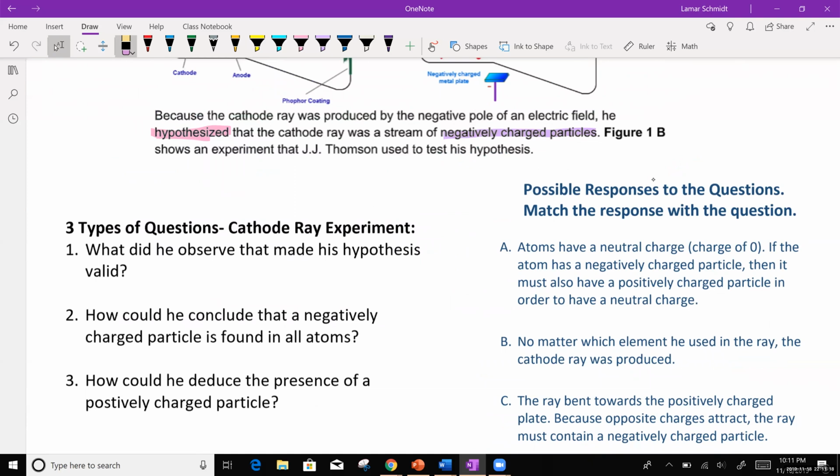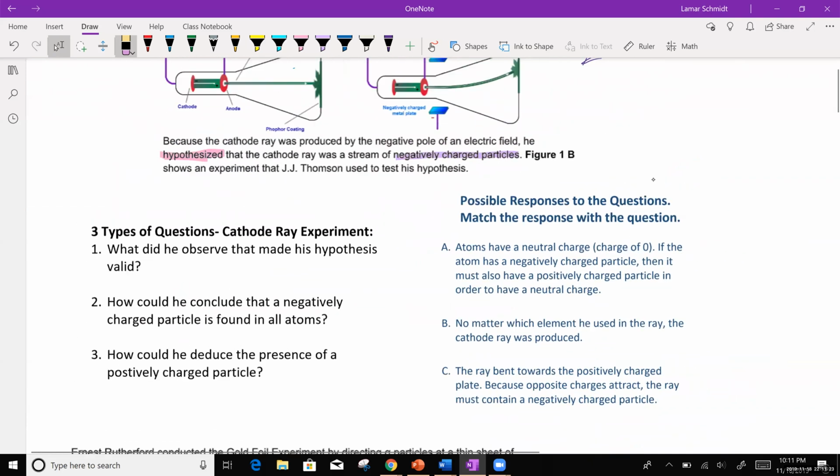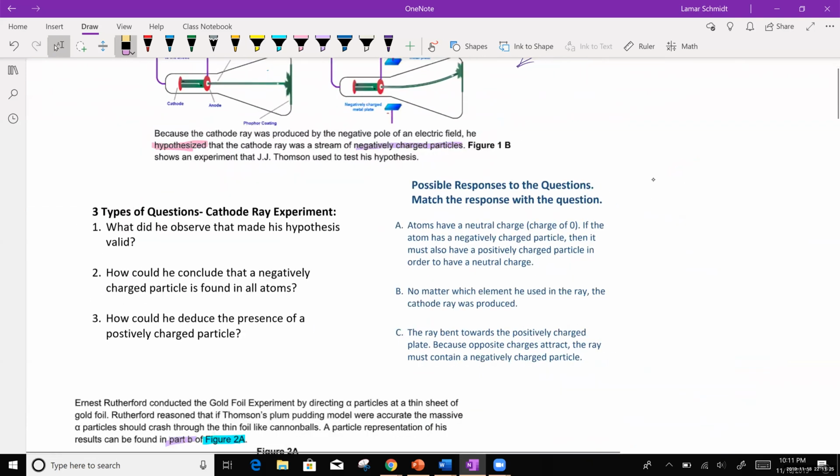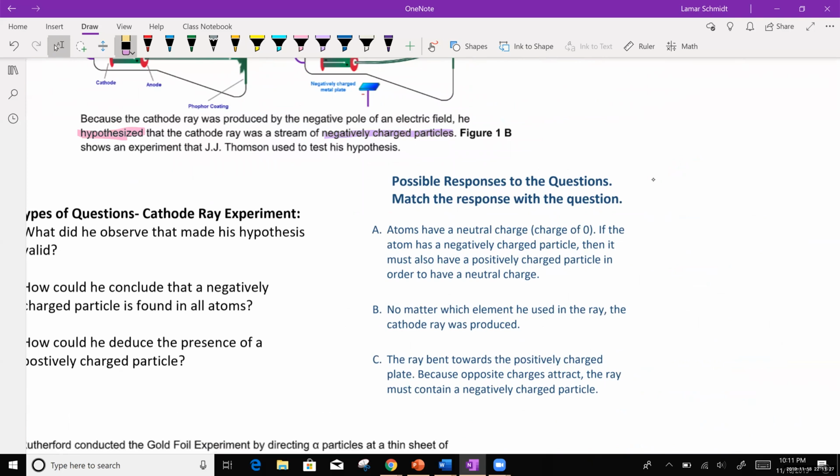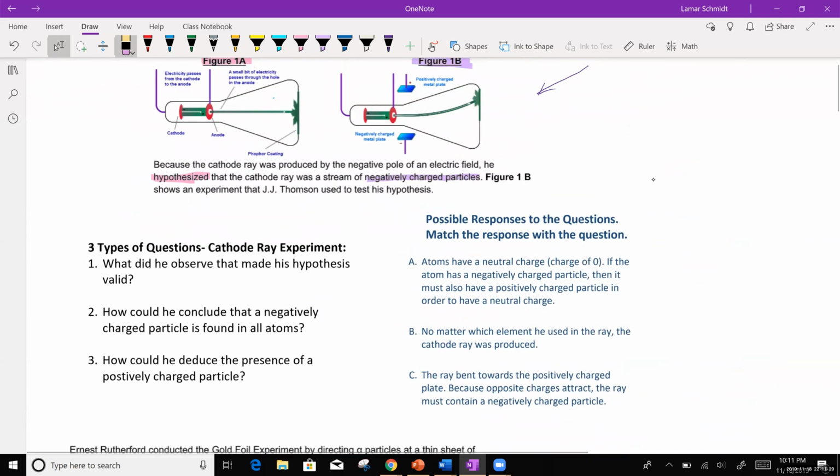What did he observe that made his hypothesis valid? So in figure 1B, we can find the choice. So his hypothesis was centered around that the cathode ray was a stream of negatively charged particles. So we are looking at a response that will validate his hypothesis.